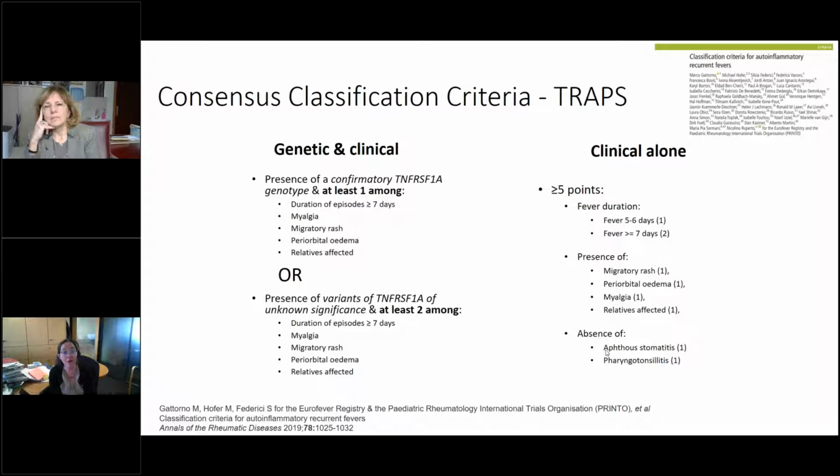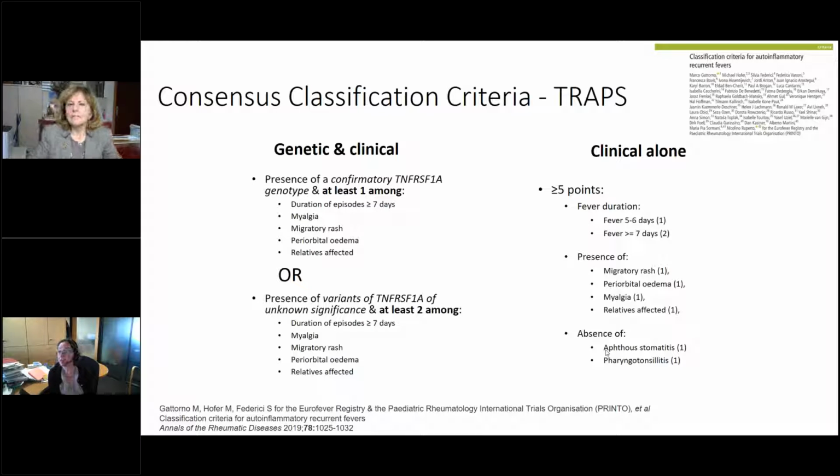First is the presence of a confirmatory genotype, and you only need one mutation because this is dominant disease, plus at least one of fever episodes lasting more than 7 days, myalgia, a migratory rash, periorbital edema, or affected relatives, in the presence of evidence of systemic inflammation, so with constitutional symptoms and a raised CRP or SAA. Or, in the presence of variants of unknown significance, at least 2 of those features.